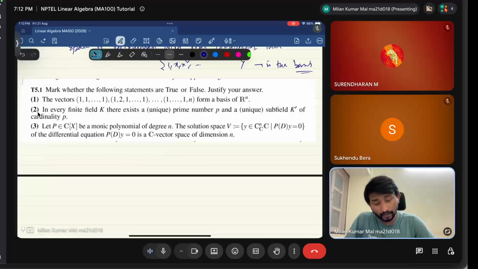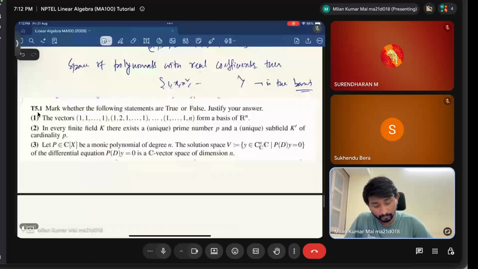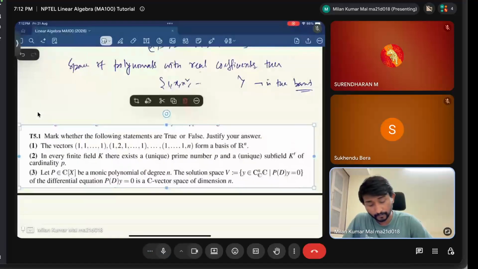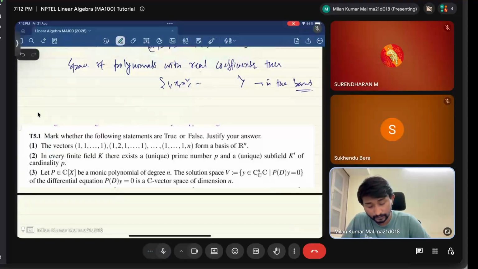Before going to this one, let us talk about the number of elements, the number or cardinality, for a finite dimensional space. Let V be a vector space. Cardinality of the basis, okay, two facts actually.